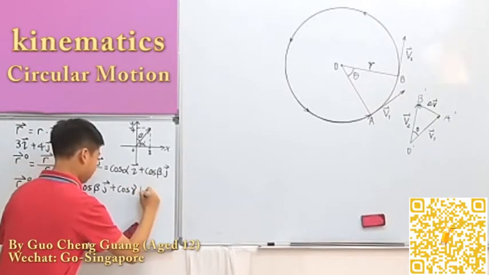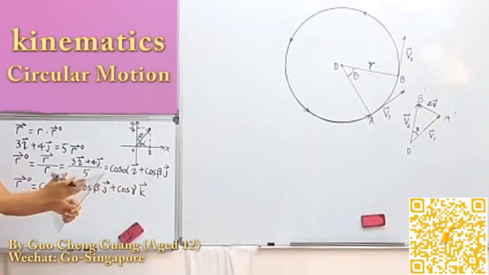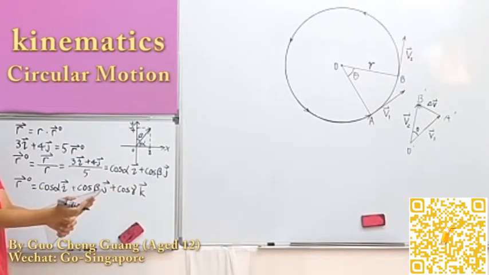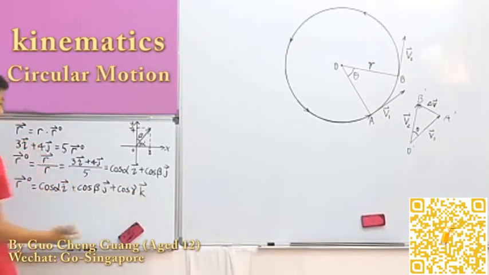Cosine gamma is the angle it makes between this vector and the z-axis. So that's what you'll get if you have 3 dimensions.